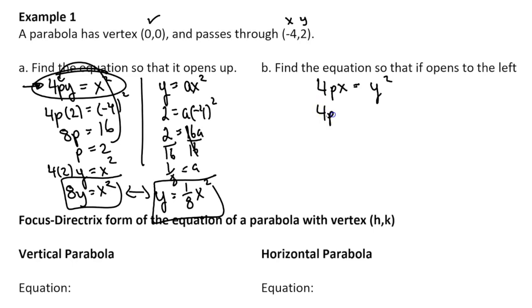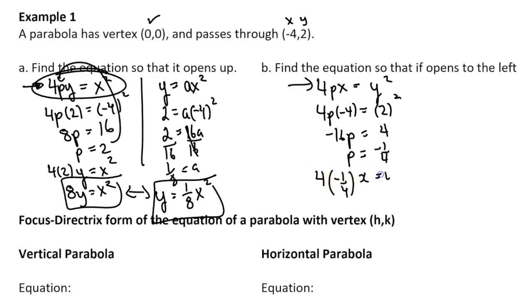We could say 4p, our x is -4 and our y is 2, and we would get -16p equals 4, so p would equal -1/4. So if p equals -1/4, and you go back to your original statement, you would have 4 times -1/4 x equals y squared. The 4's can reduce with each other, and you would get -x equals y squared.